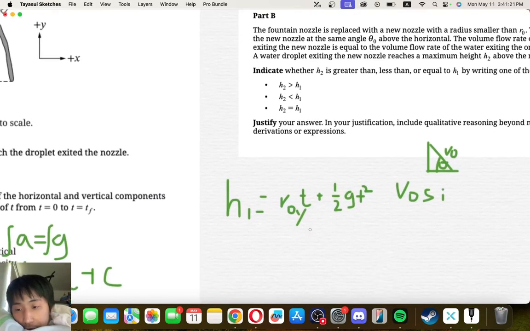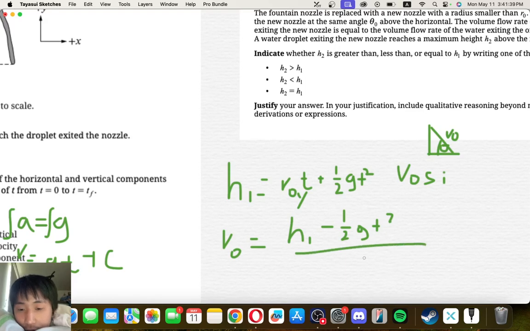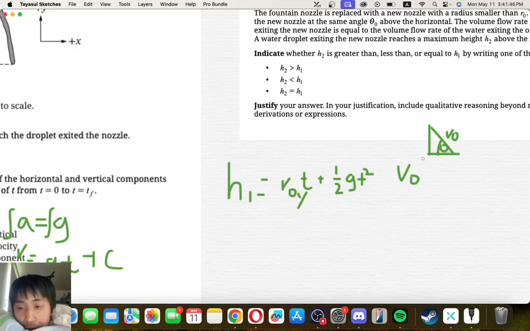You plug that into V0y, you get V0 equals H1 minus 1/2 g t squared, over sine theta. Wait, we might have to get rid of that t squared though, I don't know how. Over, wait, I got this. Or maybe I don't.